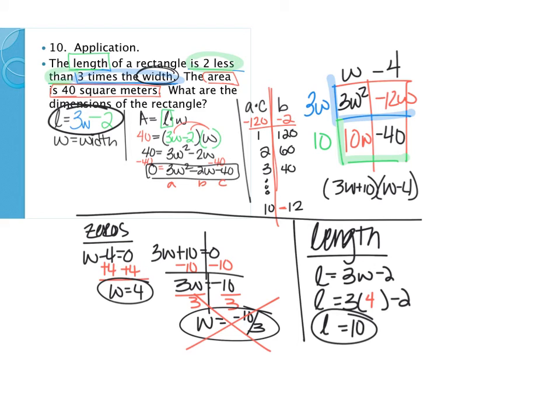Area is supposed to be 40, sorry. At the very beginning it said area was 40, which is length times width. What was your length? 10. And what was your width? 4, which is 40. That means you've got, hopefully, the correct numbers. If it doesn't come out to be 40, you know you're definitely not right.